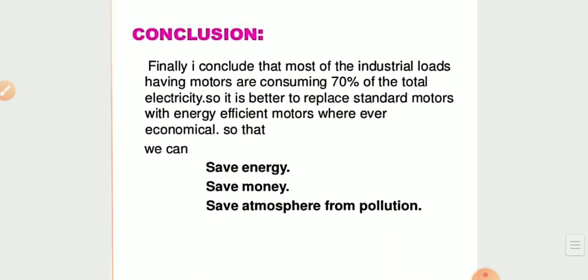The conclusion for this: most of the industrial load having motors is consuming 70% of total electricity.